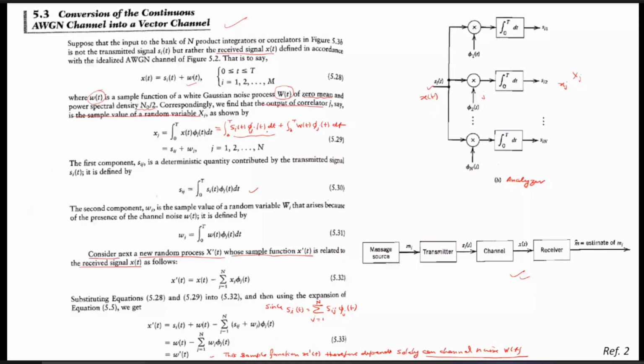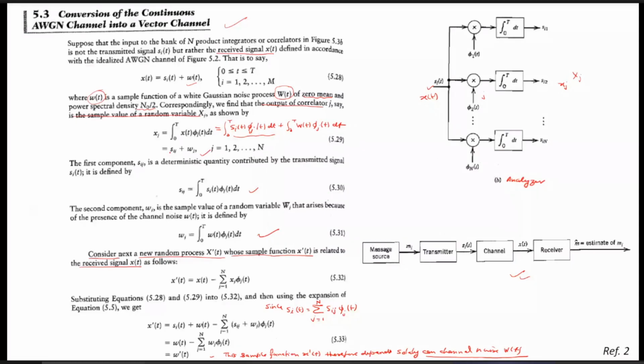But since we are considering the effect of noise, we consider x(t) in place of si(t), and the output is random in nature. It consists of two terms: the first is sij, and the second we represent by Wj, which is the integral of w(t) phi_j(t). Hence xj can be directly written as sij plus Wj.